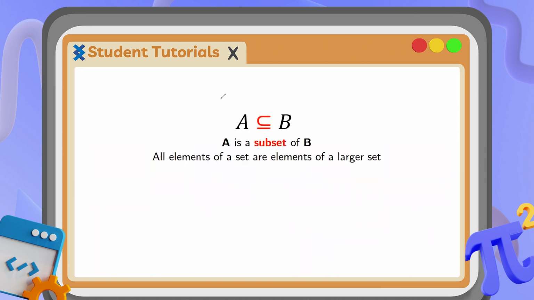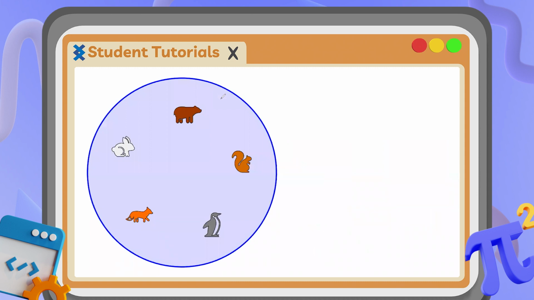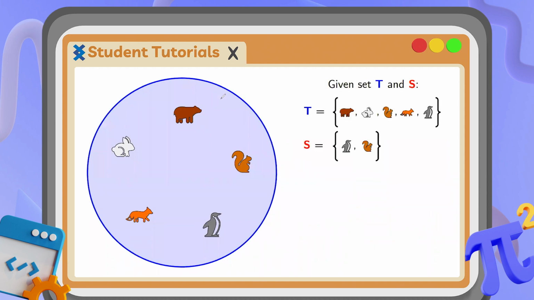So now we'll proceed to other definitions. Here we have A is a subset of B, where all elements of set A are elements of a larger set B. So this is formally defined as: for all X, if X is in A, then that implies X is also in B. So here we have an example given sets T and S, where T contains the animals bear, rabbit, squirrel, fox, and penguin, and set S contains penguin and a squirrel.